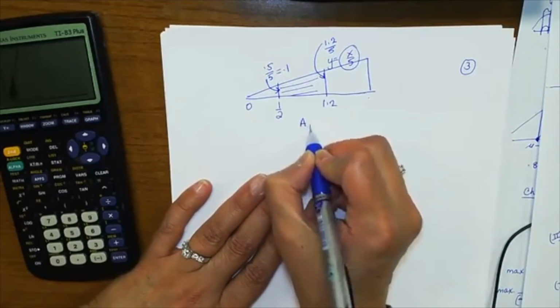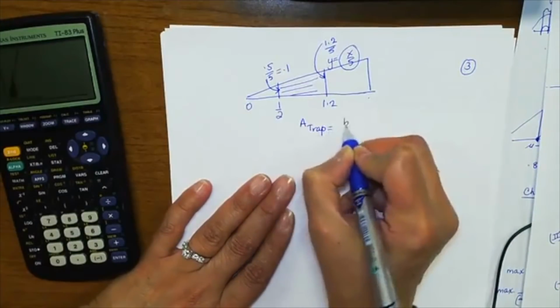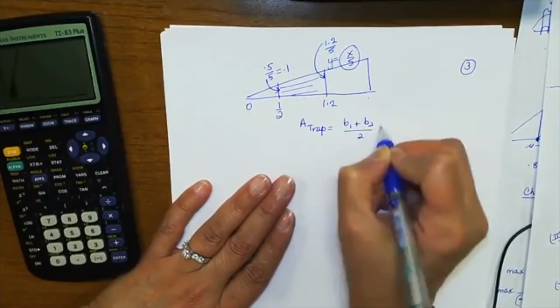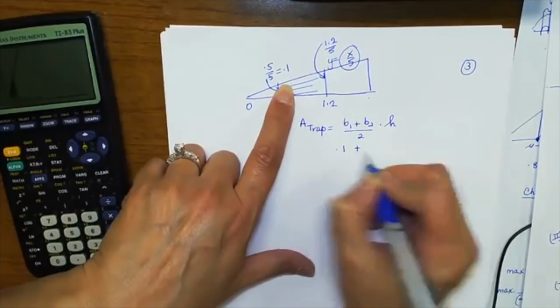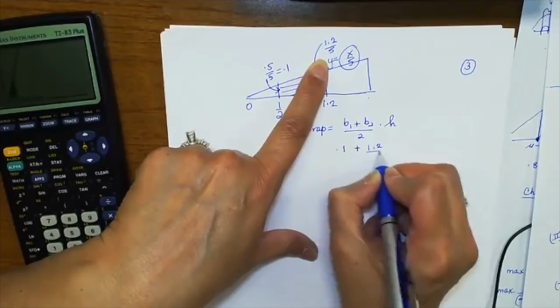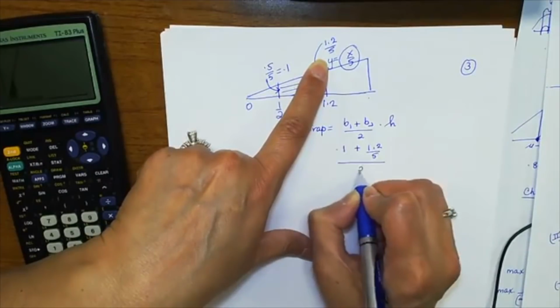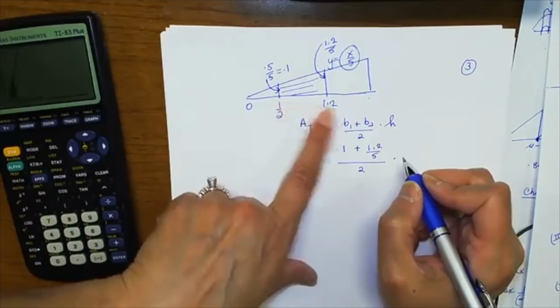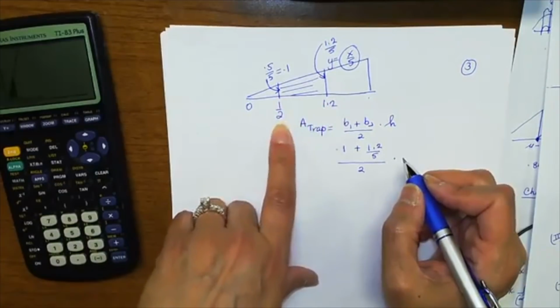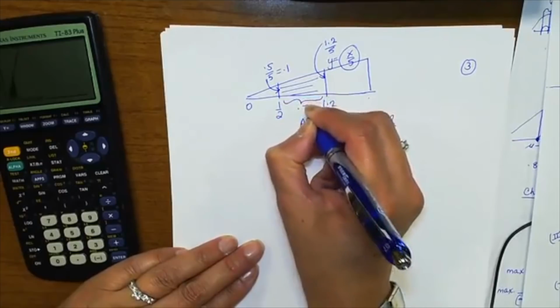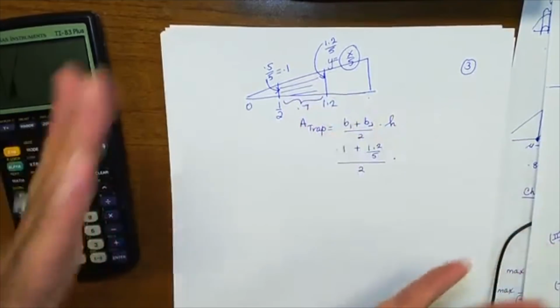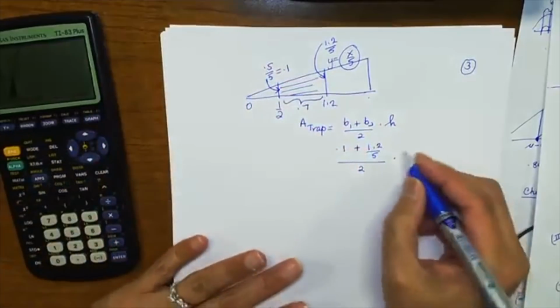The area of a trapezoid is equal to base 1 plus base 2 over 2 times height. So base 1 is 0.1 plus base 2 is 1.2 over 5, divided by 2, times the height. The height is the distance from 0.5 to 1.2, 0.7. So this is a trapezoid on its side, right?